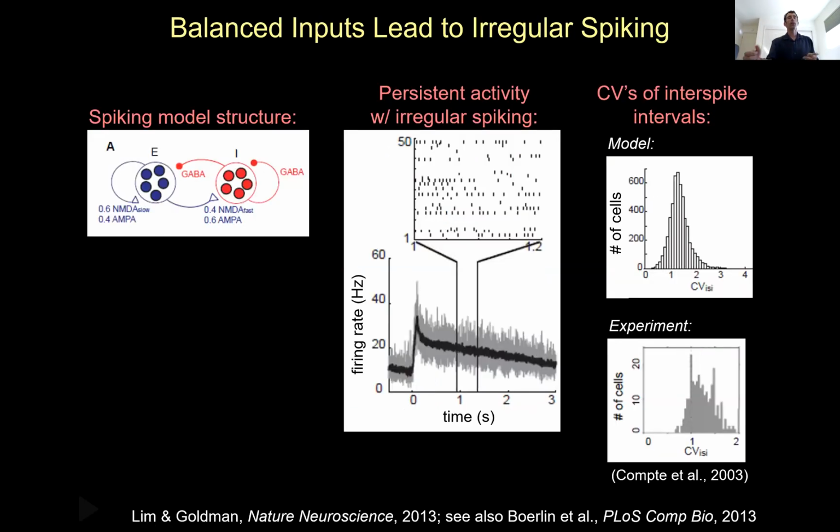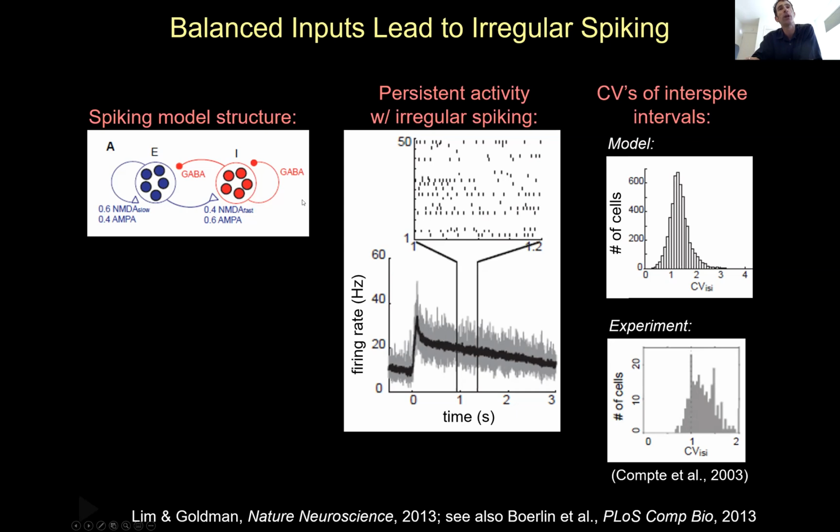So another property I said of balanced networks is that they have irregular spiking. So we also built a spiking model with populations of excitatory and inhibitory neurons. And this is showing just one of the many levels of persistent activity it can maintain. And you can see the very irregular spiking. And if you actually calculate the CVs of the spike trains of different neurons, you get a distribution across neurons.